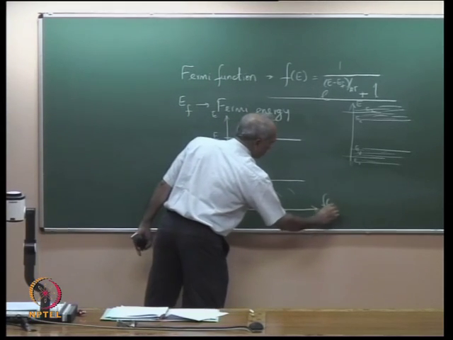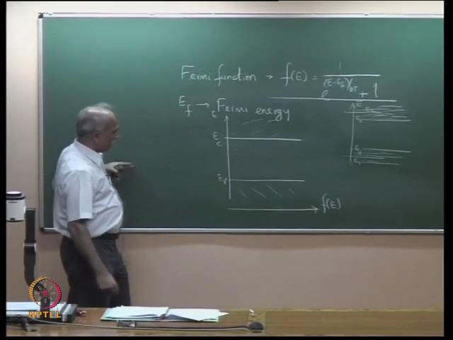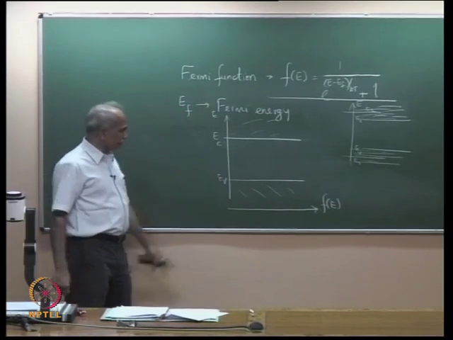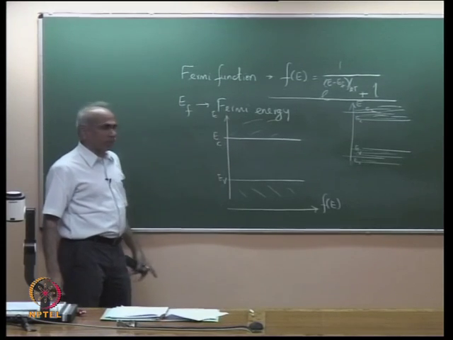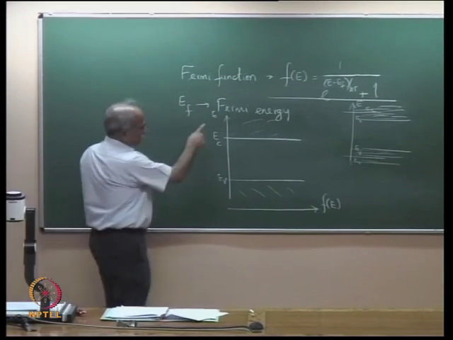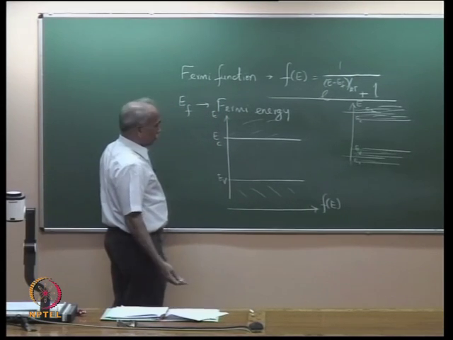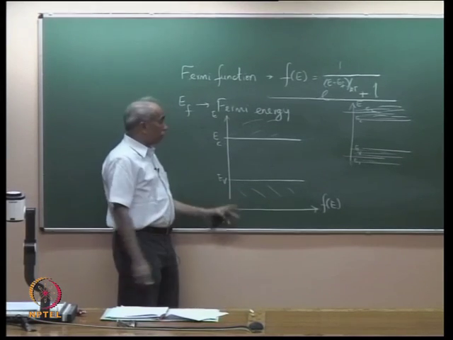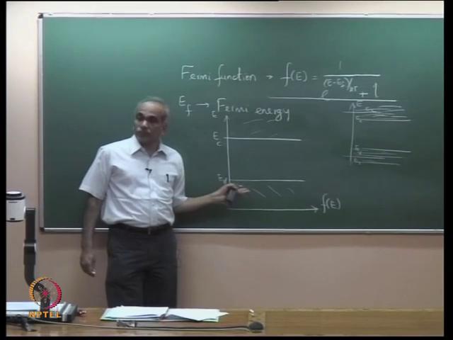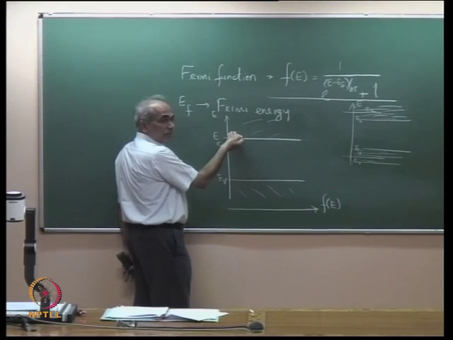Many times in solid state physics, F of E is plotted on the vertical axis and energy on the horizontal, but here for uniformity we will always keep the vertical axis as E. So if you plot F of E at 0K, how would it be? The valence band is completely full, which means the probability of occupation of every state is 1, and the probability of occupation in the conduction band is 0.